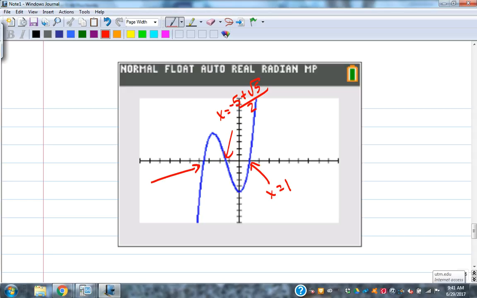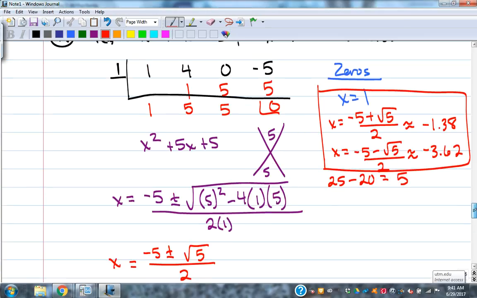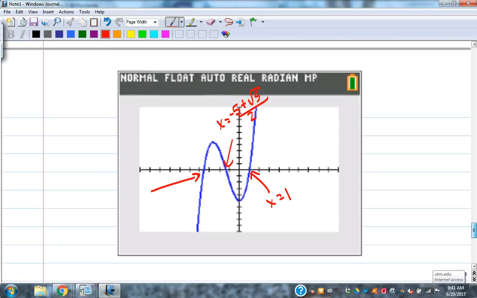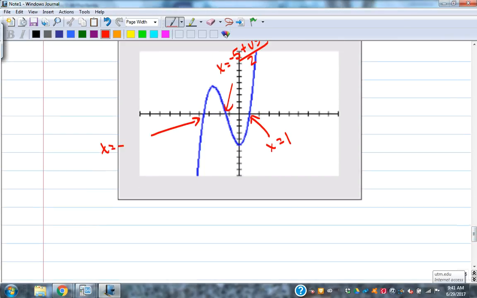That's the negative 3.62 or something like that? Yeah, negative 3.62. That's your x equals negative 5 minus the square root of 5 over 2. That's what all those points are. When we find zeros, that's what we're finding. It's where it's crossing the x-axis.